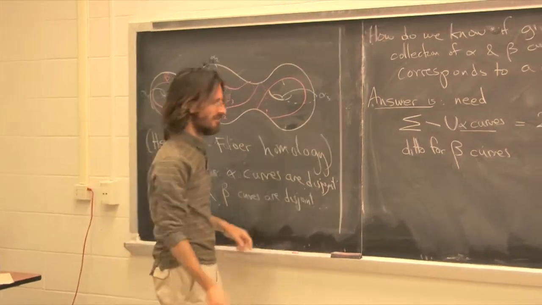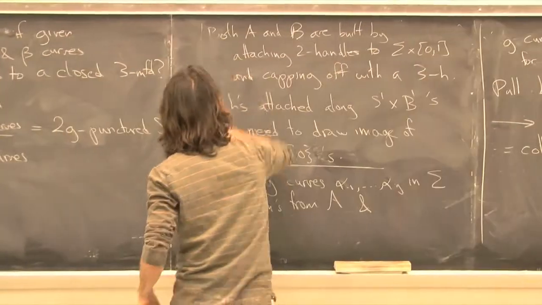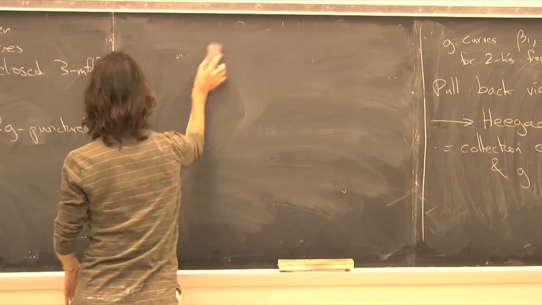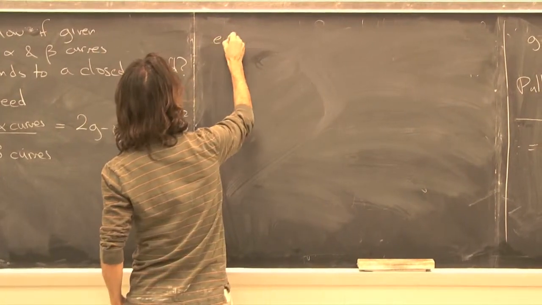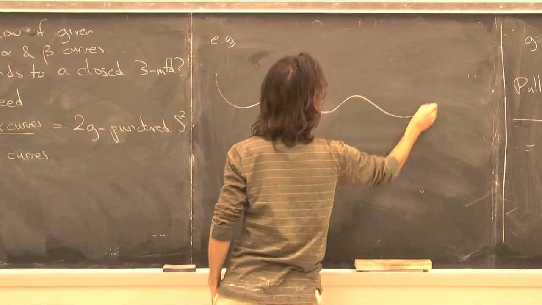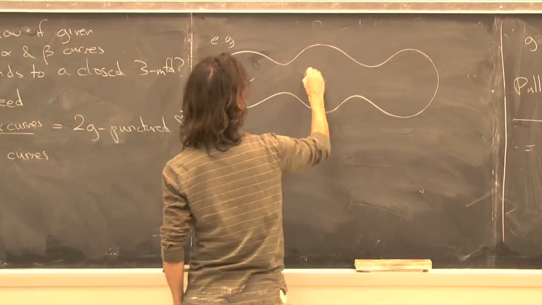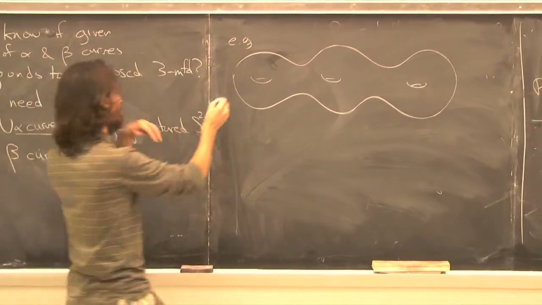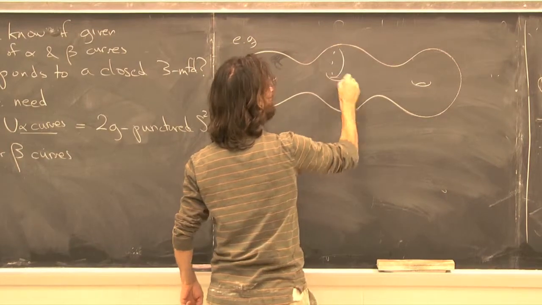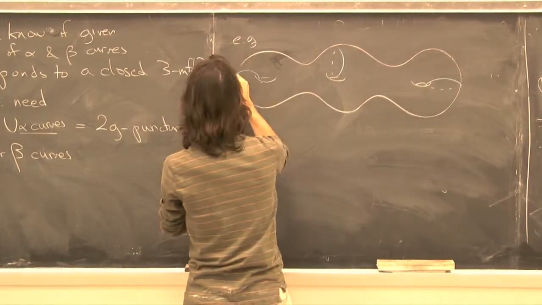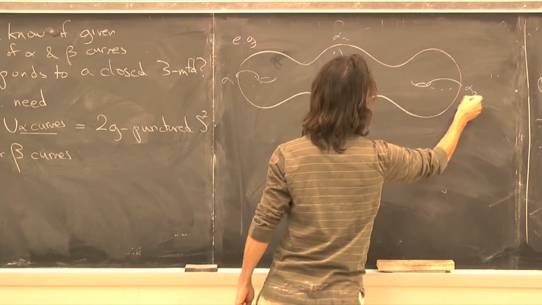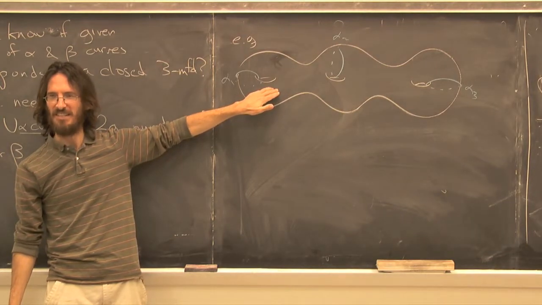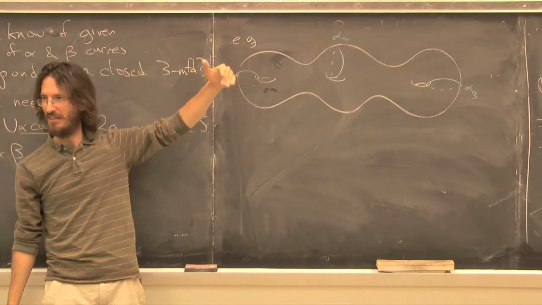And cutting, let me draw a picture. This picture, right? I want to visualize the inside of this as a bunch of two-handles attached to that.